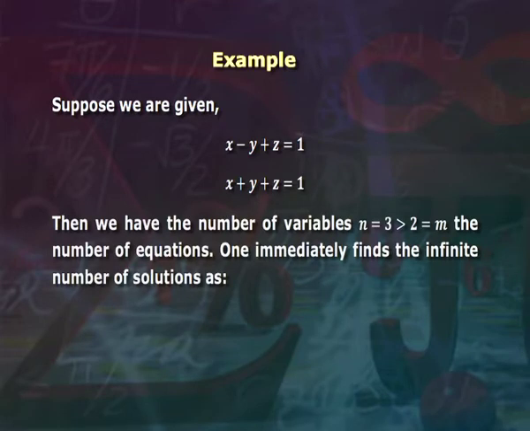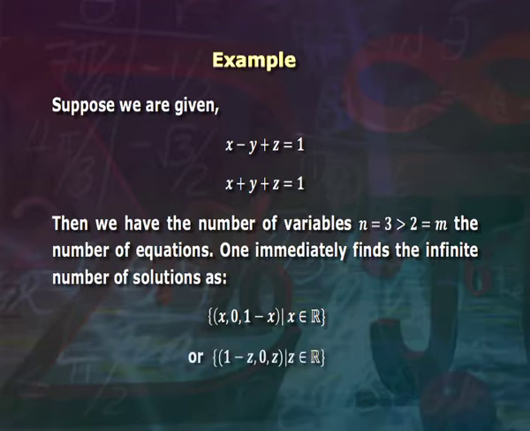Then the number of variables n equal to 3 is greater than 2, which is m, the number of equations. One immediately finds an infinite number of solutions as the set of elements (x, 0, 1 minus x), where x is in R, or the set consisting of (1 minus z, 0, z), z in R.